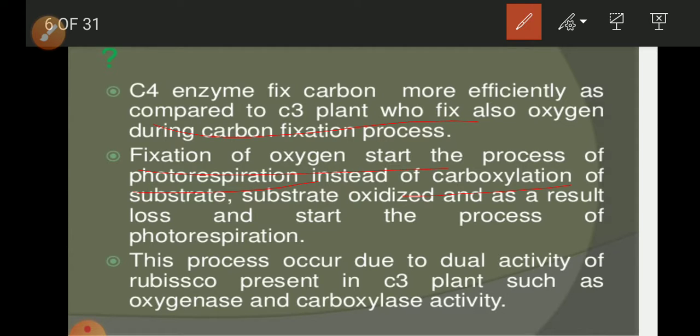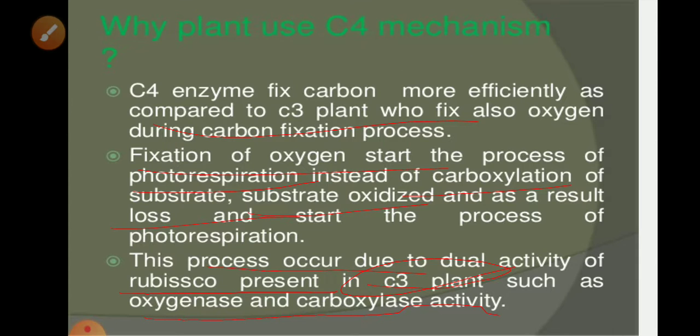In that, the substrate is oxidized, and the result is loss of process, loss of respiration. This process occurred due to the dual activity of Rubisco in C3 plants. Rubisco is ribulose bisphosphate oxygenase and carboxylase activity. We have studied all that about photorespiration before.